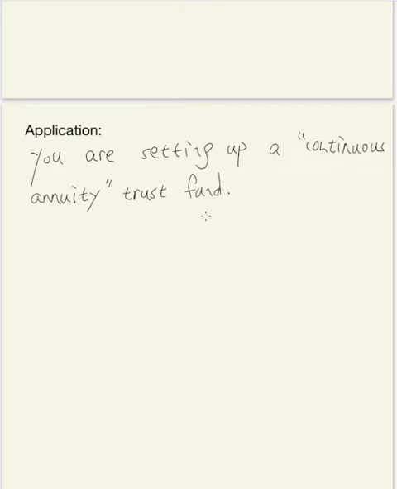What it means is that every year you're transferring $1,000 from your checking account to your trust fund.